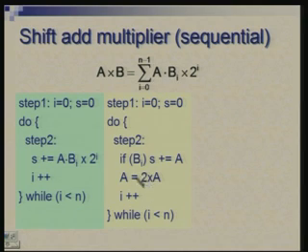Updating I, doubling of A, and conditionally accumulating of A. All right. So, basically shifting of A here is taking care of this multiplication by 2 raised to power I. So, since I am doing it sequentially, I can keep on incrementally shifting it every time.